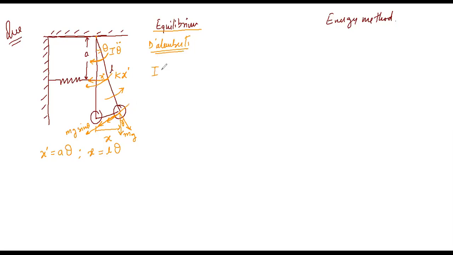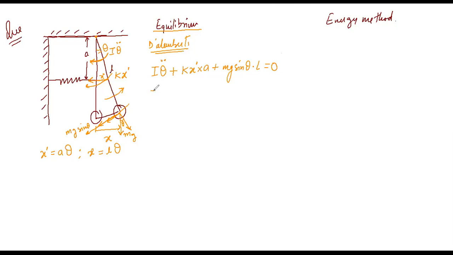So we can write I theta double dot, plus k x dash into a, that is this one is the force, plus, because at this particular point all forces are moving in the clockwise direction, plus the equation which can be written as mg sine theta into L, and as per the D'Alembert principle, this should be equal to 0, right?